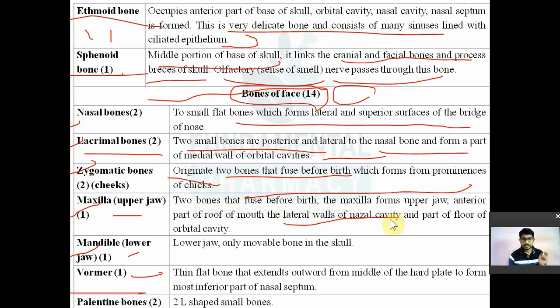It also forms part of floor of orbital cavity. So laterally it is attached to the nasal cavity.